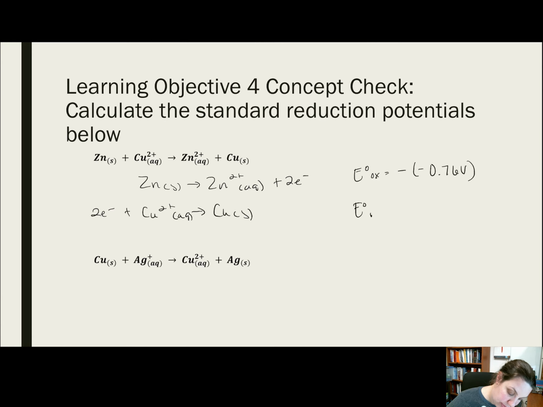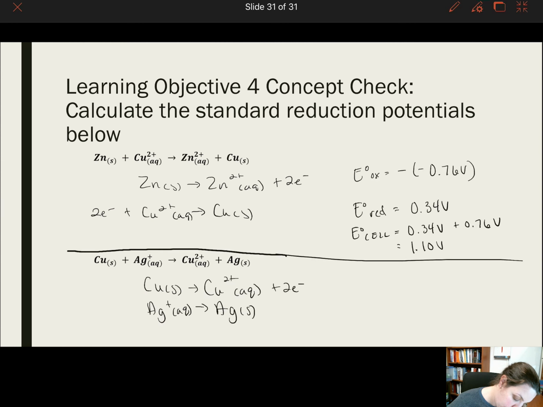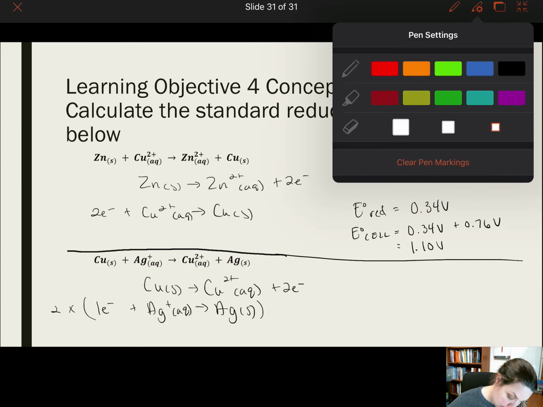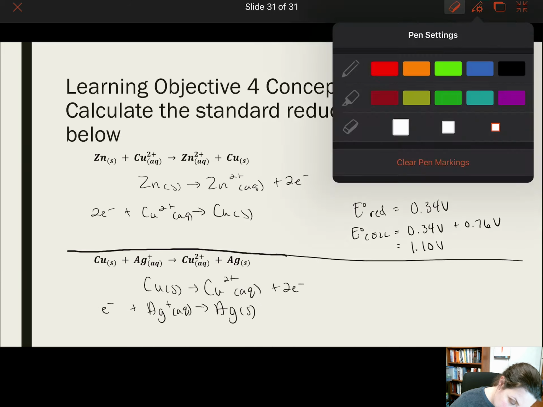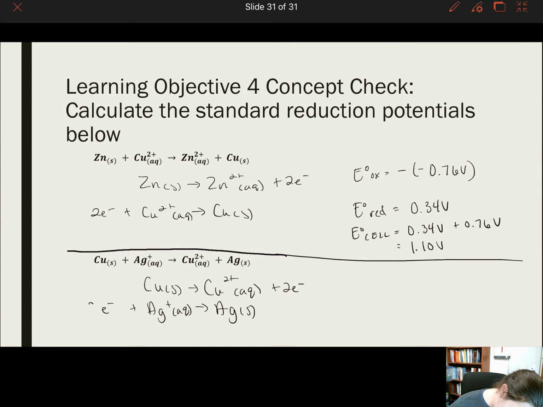Top one we add 2 electrons, bottom one we add 1 electron, but we need to multiply this whole thing by 2. I'm just going to go ahead and put it across. This is 2 electrons, 2 and 2. That will not affect our reduction or oxidation potentials, just as a note.